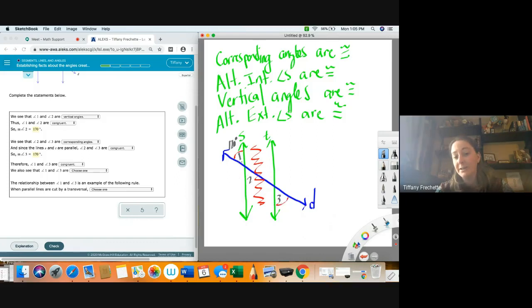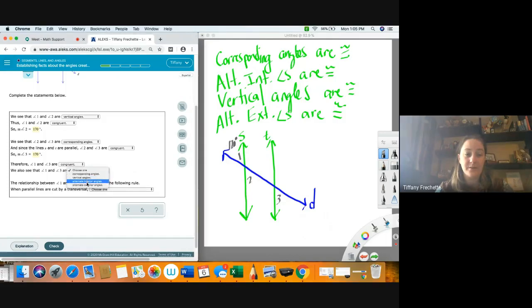So these are alternate because they're on different sides of the blue line, and they're exterior. So we have alternate exterior angles. This one is building the idea of how we get to the alternate exterior angle. So 1 and 3 is an example of the following rule: when parallel lines are cut by a transversal, alternate exterior angles are congruent.